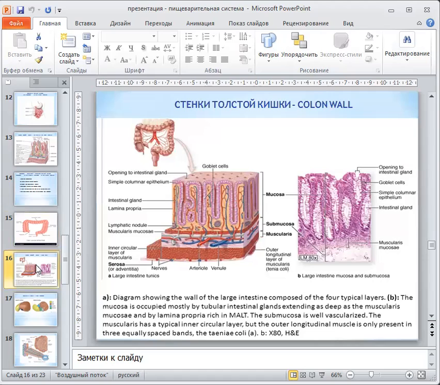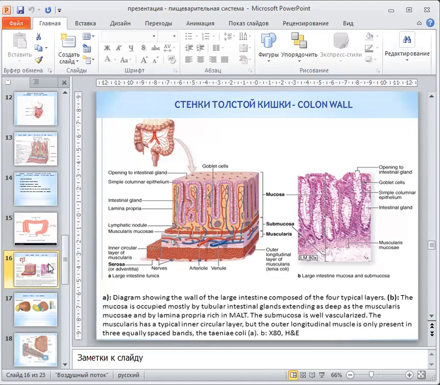Features of large intestine. First, longitudinal muscle ribbons. There are 3 types of ribbons located on the surface of the colon. Free ribbon, mesenteric ribbon, and omental ribbon.